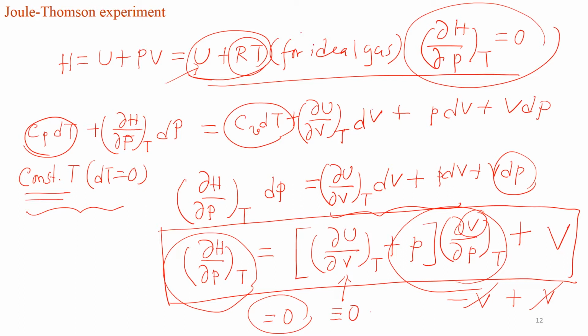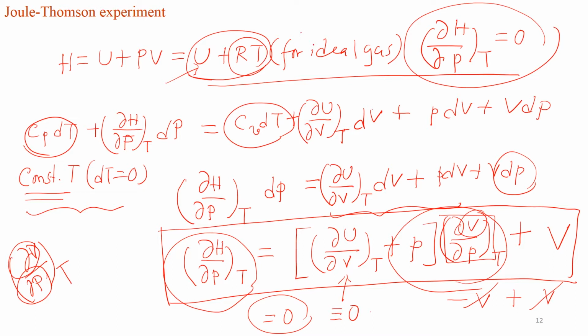Now for solids and liquids, or for condensed phase, what about the value of this (∂V/∂P)_T? Remember what is (∂V/∂P)_T? It tells you the change in volume per unit change in pressure, keeping the temperature constant. Solids and liquids are known as condensed phase, where the intermolecular interactions are much stronger compared to the gaseous phase.